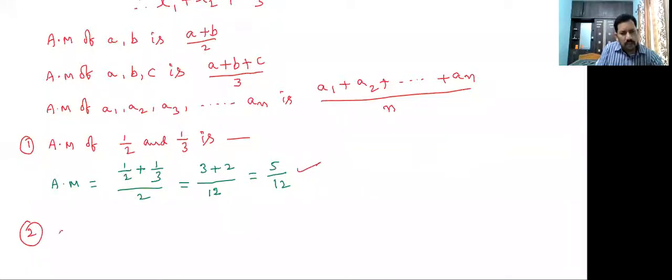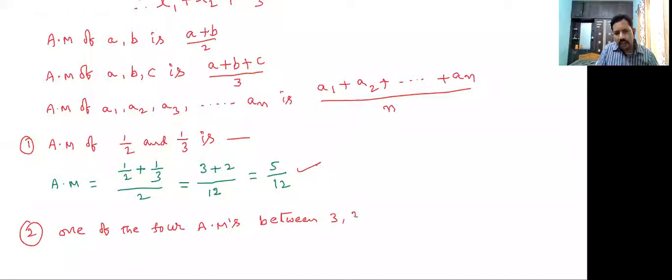Next, one of the 4 arithmetic means between 3 and 23.